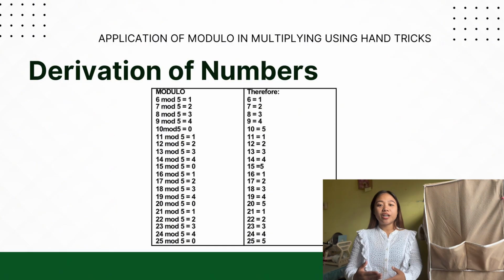That is how we arrive at the value of 6, which is 1, 7 is equal to 2, 8 is equal to 3, 9 is equal to 4, and so on.